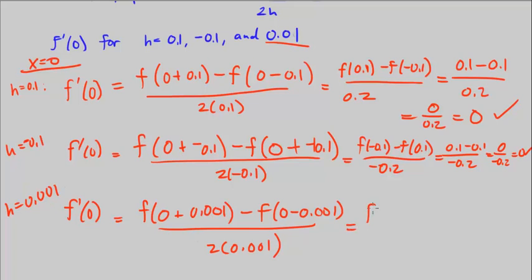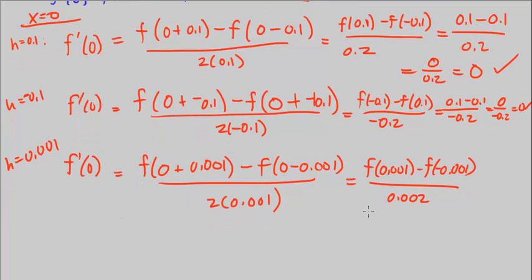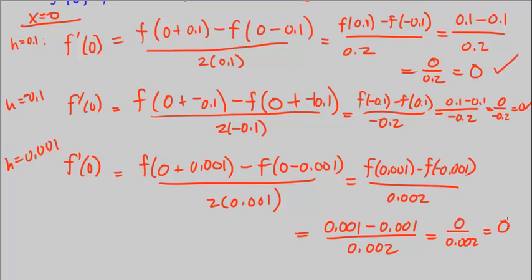It's even smaller. It's going to make the case. Minus f(-0.001) over 0.002 when you multiply by 2. Again, the absolute value function is going to make this 0.001 minus 0.001 because the absolute value of a negative is just the same positive value. So that's 0 divided by whatever number we have, and it's 0.